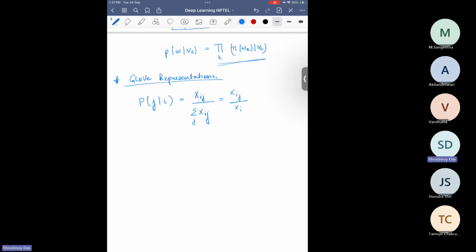So we're just looking at the probability of certain words occurring together, out of all the possible occurrences.